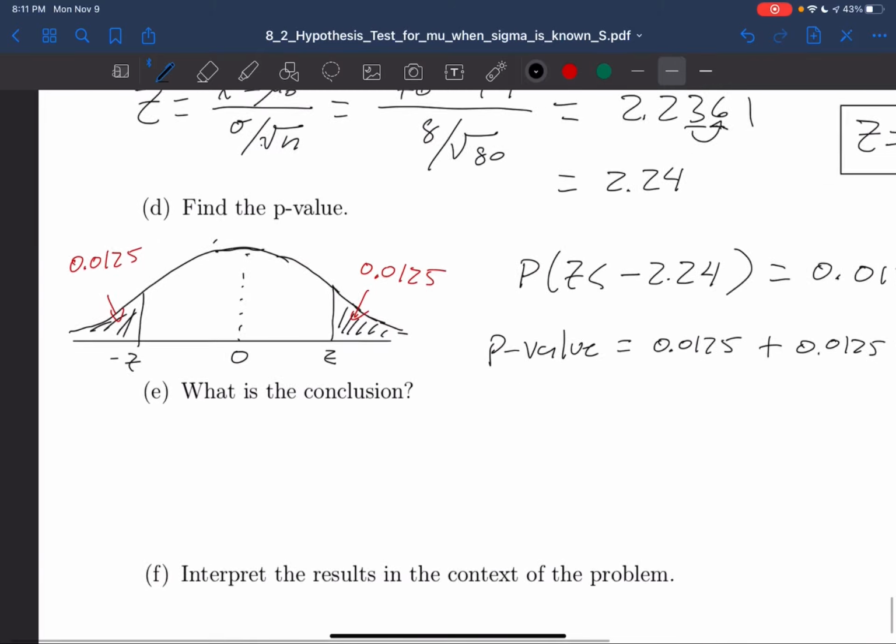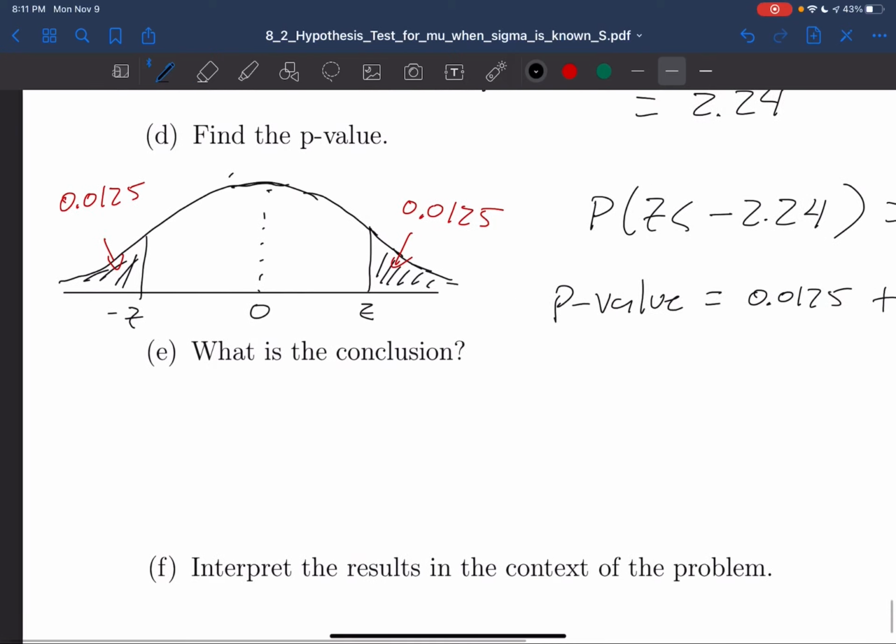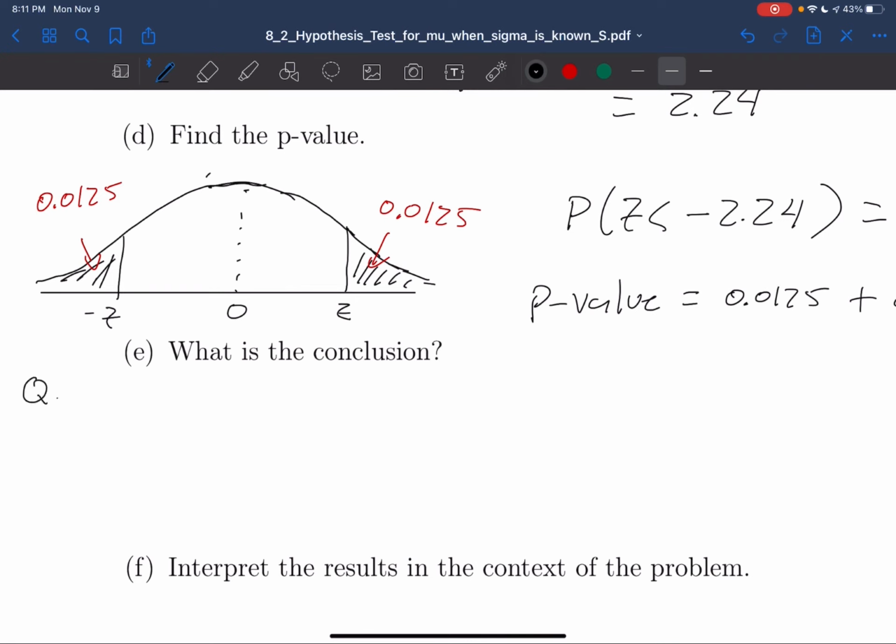Awesome. Now we want to state our conclusion. We want to know what this means. Do we reject or fail to reject our null hypothesis? For that, we need to ask a question. Is our p-value less than or equal to our significance level alpha?